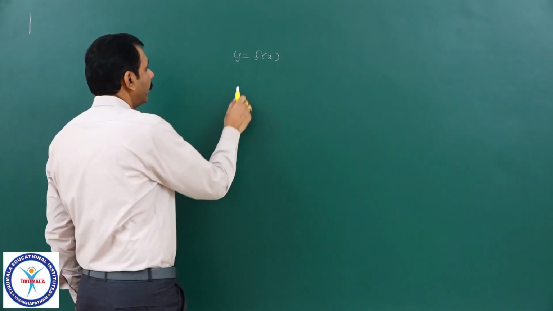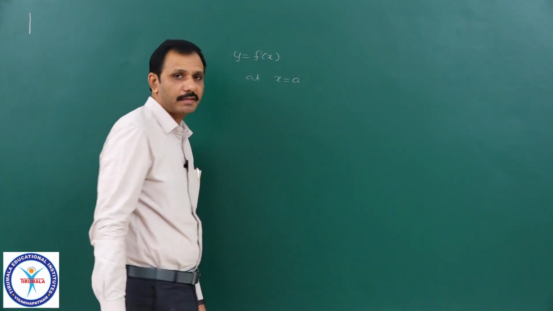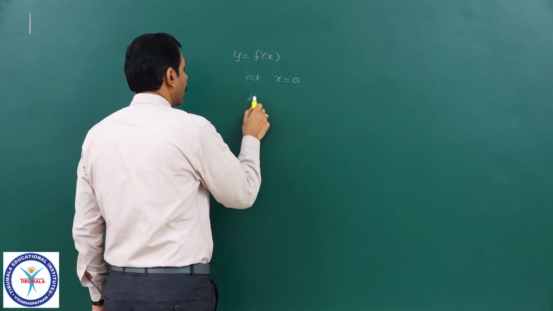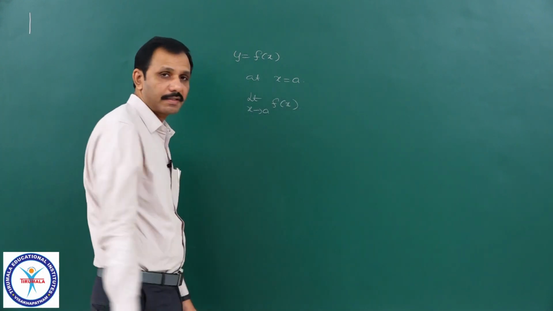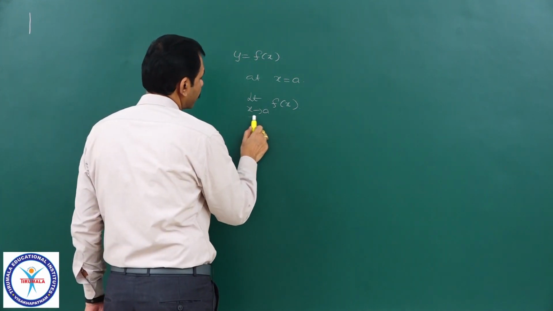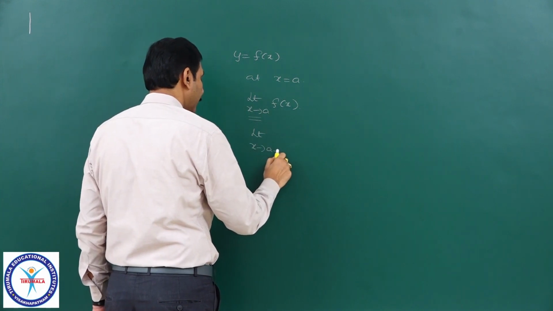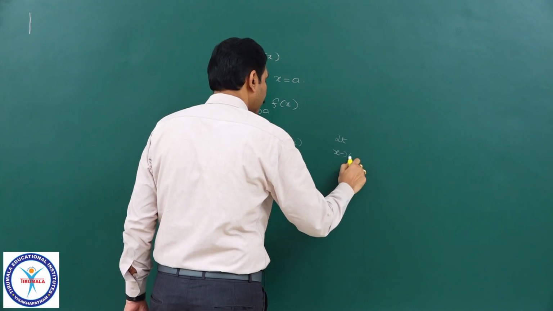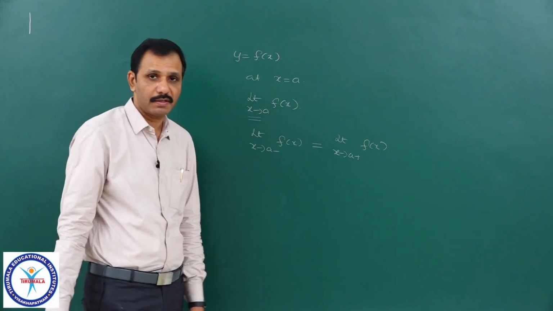Then the limit of this function at x equal to some a exists, meaning limit x tends to a of f of x exists. What does that mean? It means limit x tends to a minus f of x and limit x tends to a plus f of x both exist and are equal.